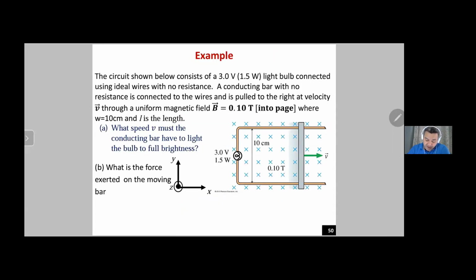Okay, so the second part of the question is, what is the force exerted on the moving bar?